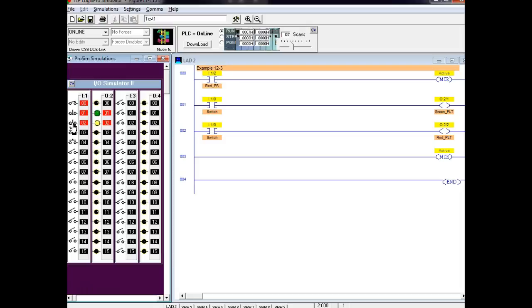So this is kind of misleading where they display active. When it's active, it scans them. When it's not active, they turn off. So it is wrong. So here's a normally closed push button right there. See, the outputs turn off.